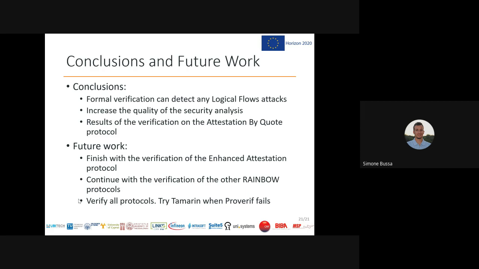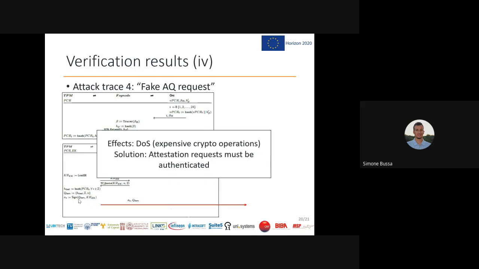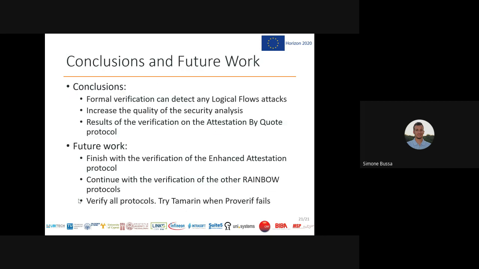I just want to say that all these attack traces had already been considered by the designers of the Rainbow protocols before the formal verification. So the formal verification was just a confirmation of what was expected, and also of what was overcome with the enhanced version of the attestation protocol.